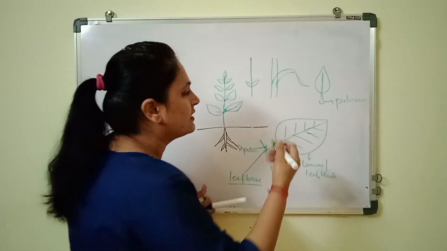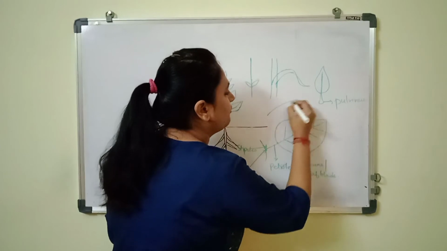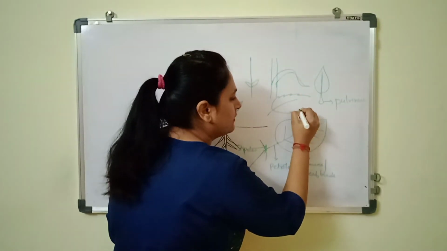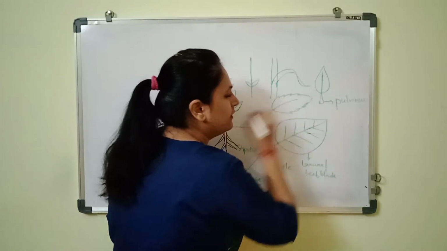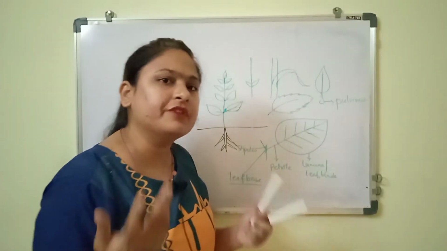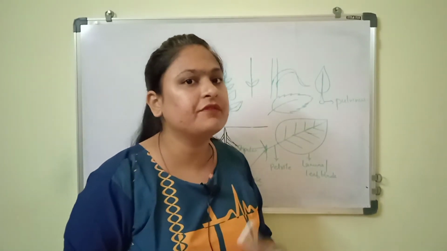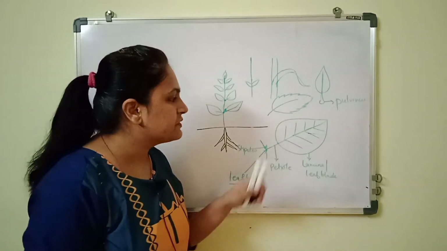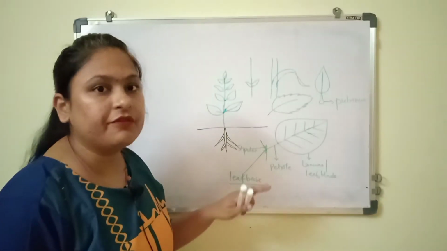For example, the hibiscus leaf has many incisions like this. So different plants have different types of leaves. Now this was about the structure of the leaf.